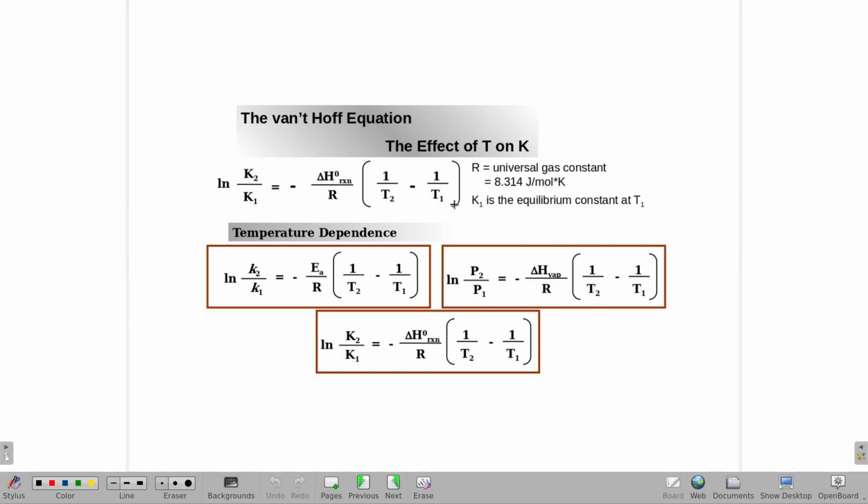And we can do the same type of thing. I'll give you 2 different reaction Ks, 2 different temperatures, and you can actually calculate the heat of a reaction. If I give you the heat of reaction, you can get the Ks. But we're not going to do one of these as a practice problem because we've done plenty of these. Have one on the practice test, and you'll see me work it out if you want to watch that again.